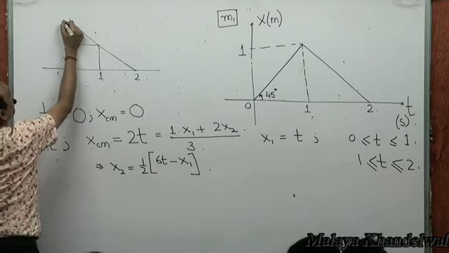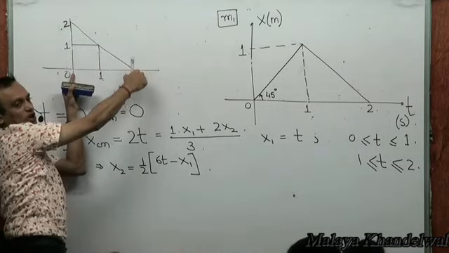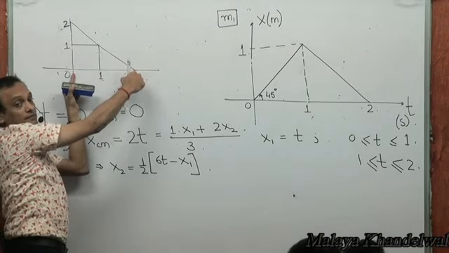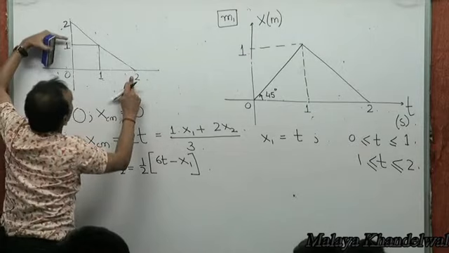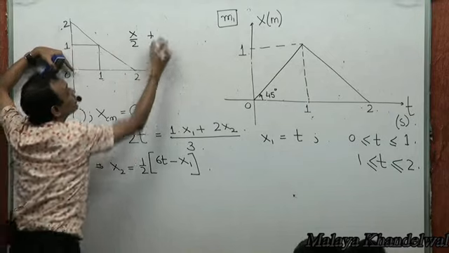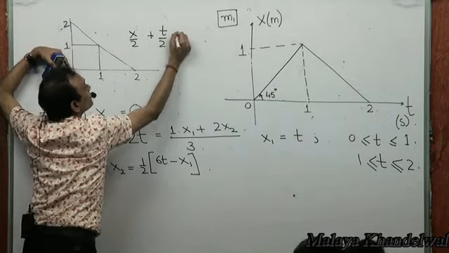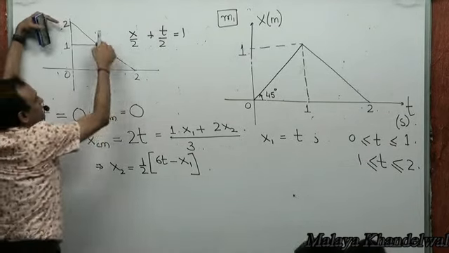That means this will be 2 units if I extrapolate this, yes or no? Do you see that? So the equation of this line would be x by 2 plus t by 2 equal to 1, from the form x by a plus y by b equal to 1. Yes or no? That would be the equation of this line.